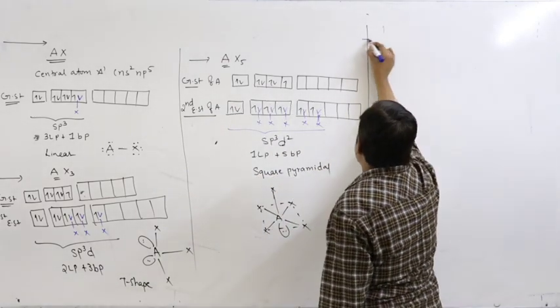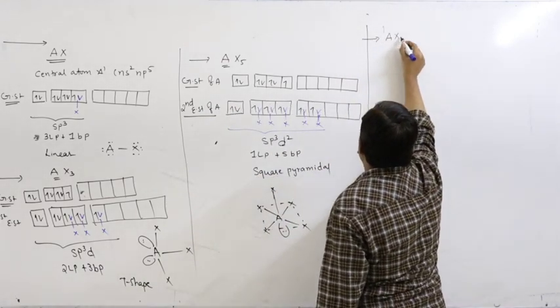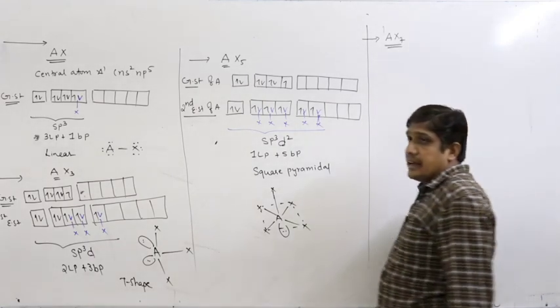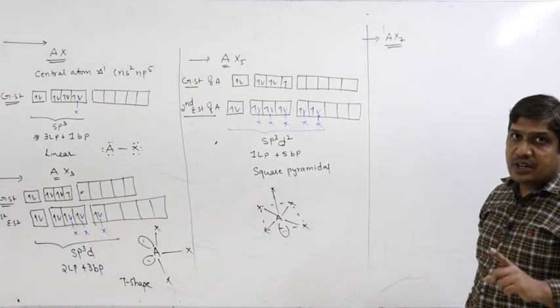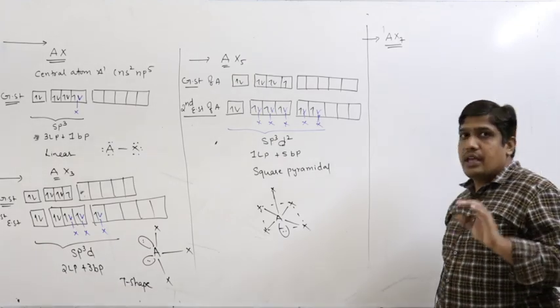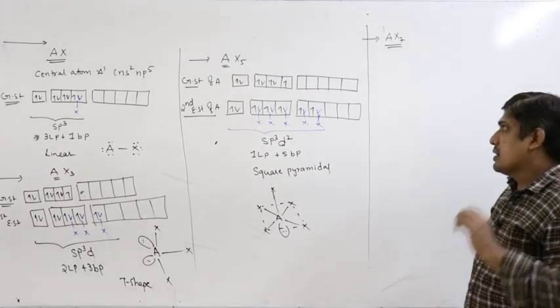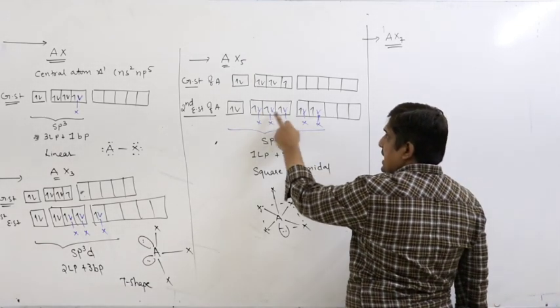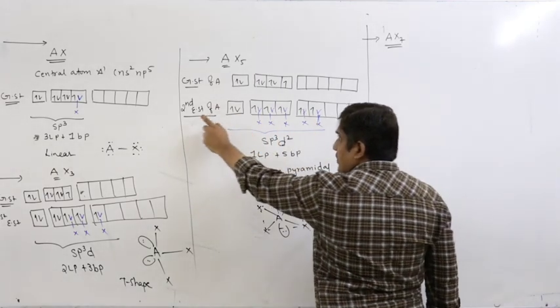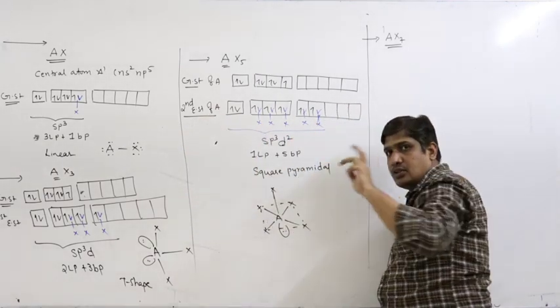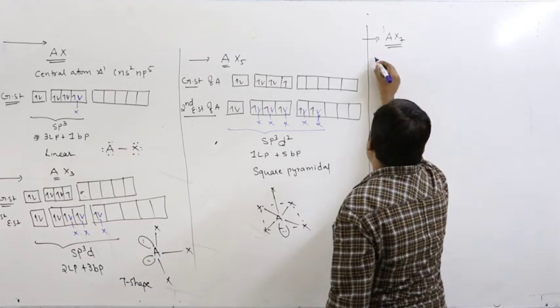Right, next AX7. The central atom is A, bonded to 7 smaller halogen atoms. So A must possess 7 unpaired electrons. In the second excited state, it has 5 unpaired electrons. To get 7 unpaired electrons, you have to go for the third excited state.